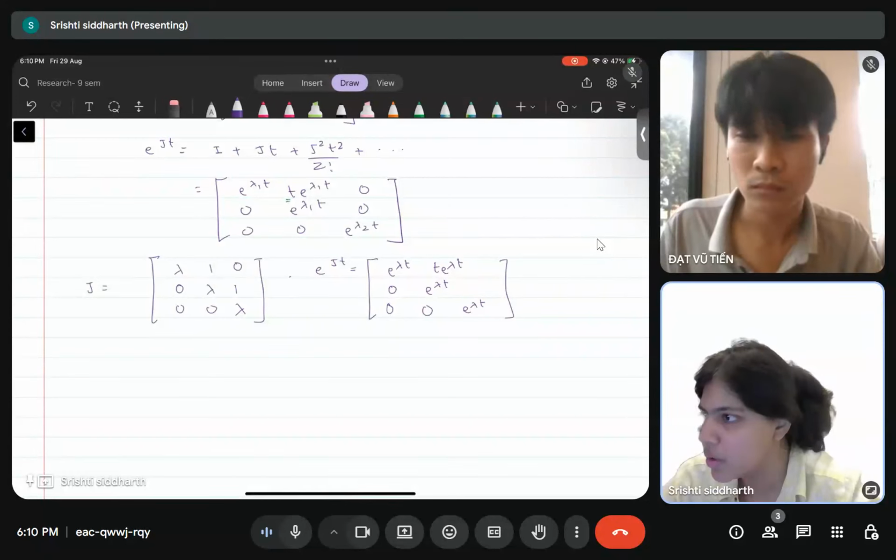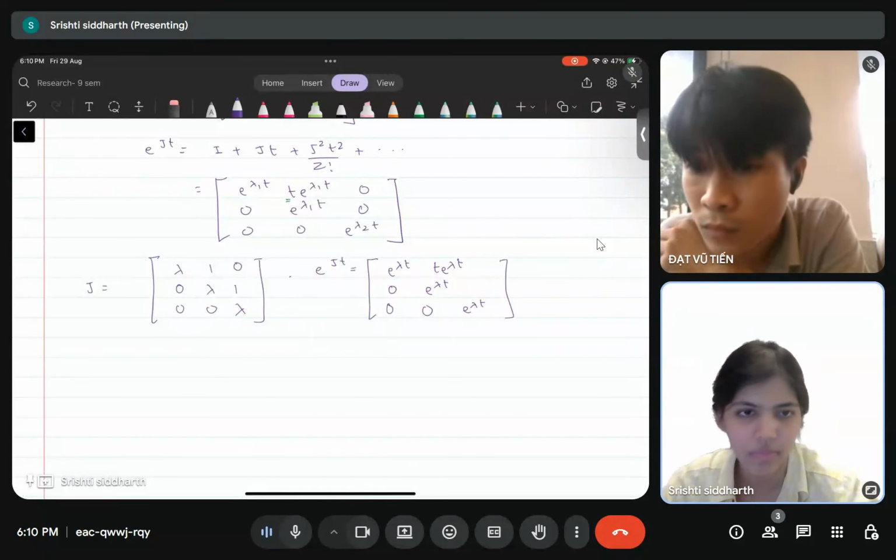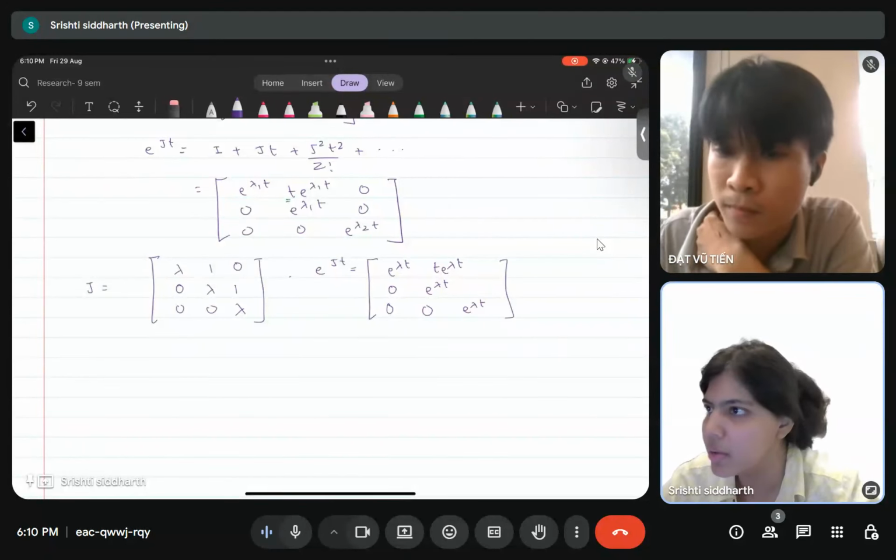Just trying to find the most general form which exists for any order of repeating eigenvalues.